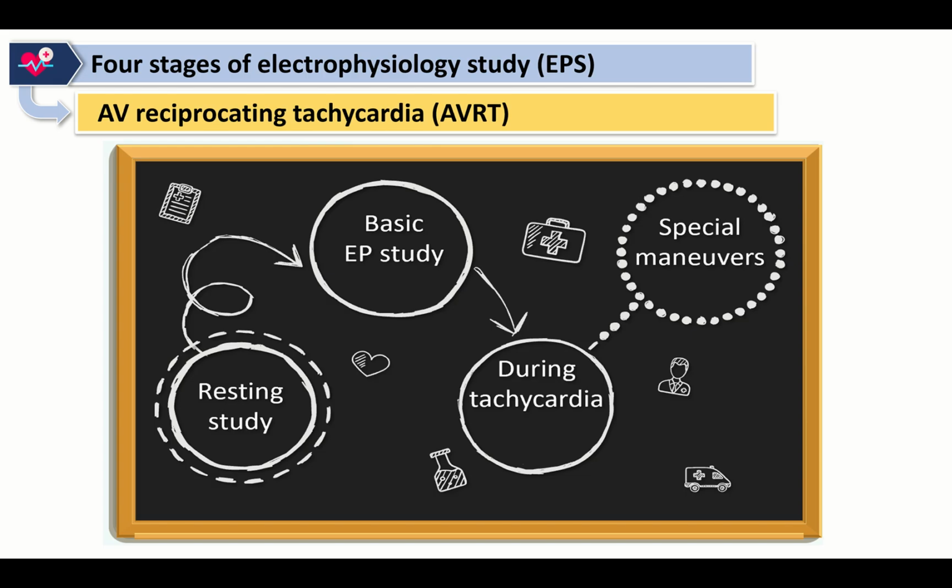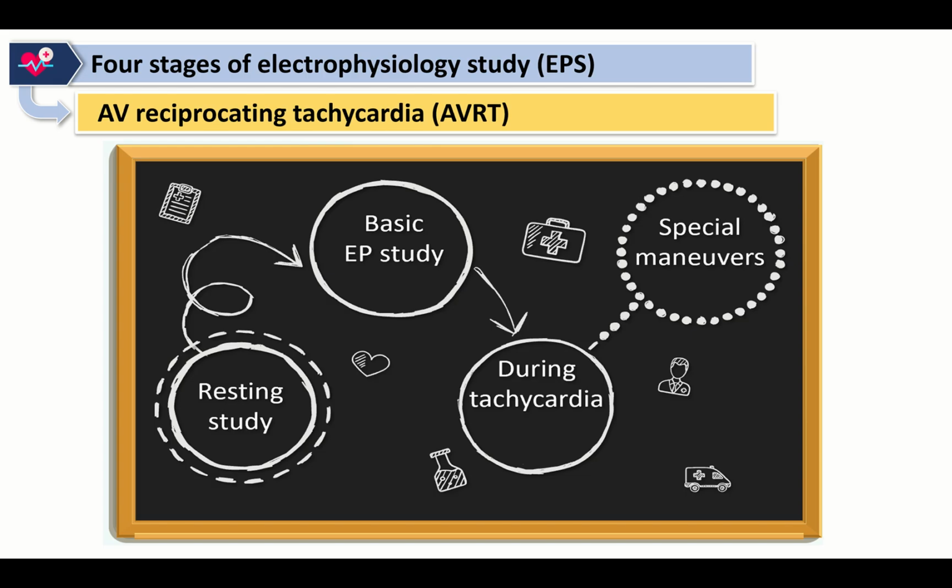If you want to go for appropriate assessment of AVRT, we have 4 stages. Stage number 1, resting study: assess manifest or concealed conduction, assess your patient very well, ECG, EGM analysis. Stage number 2, the basic routine EP study: antegrade conduction and retrograde conduction to assess the accessory pathway.